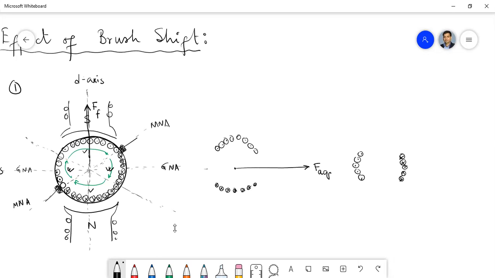Now can you tell me in which direction the field will be generated for this part of the armature? From bottom to top, upward, in the direction of FF. Yes, sir.